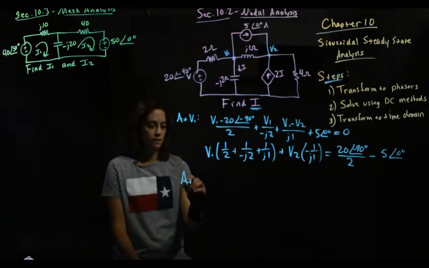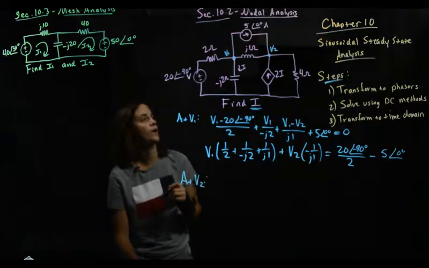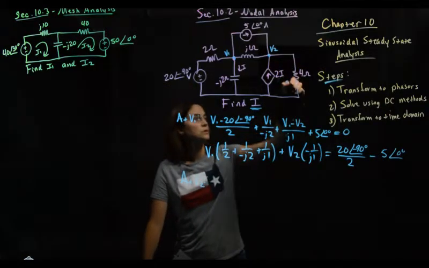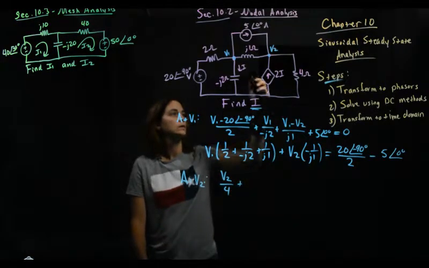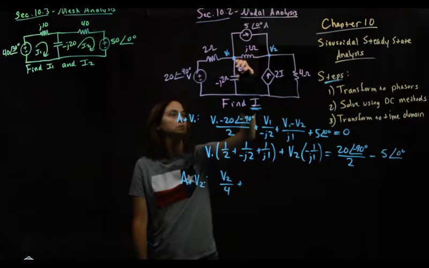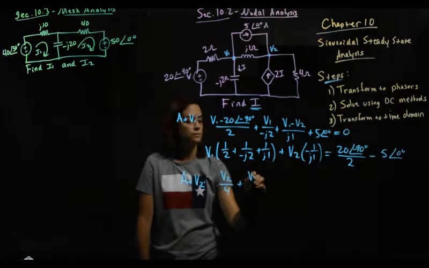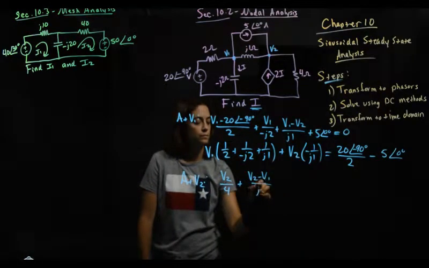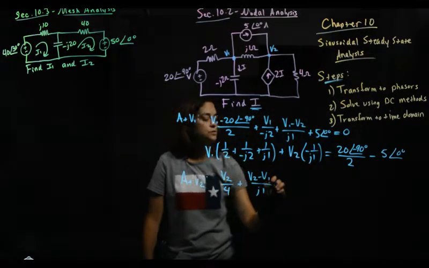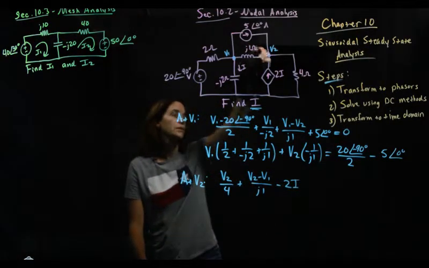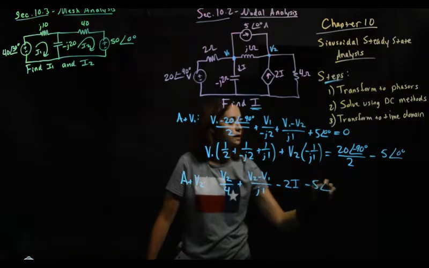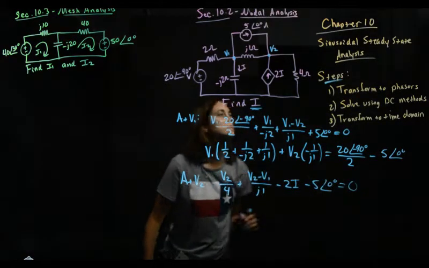All right, let's look at V2. What do we have? V2 over 4 plus V2 minus V1 over J1. I have 2I entering, minus 2I, and I have 5 angle of 0 degrees entering.